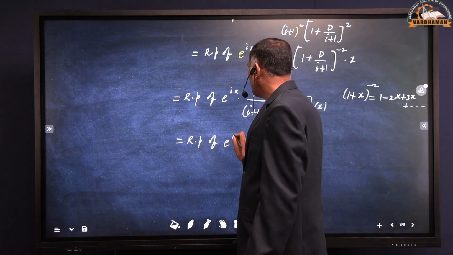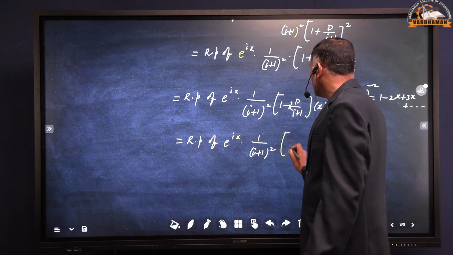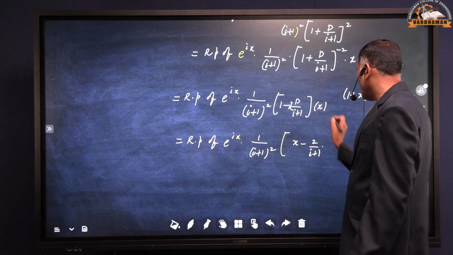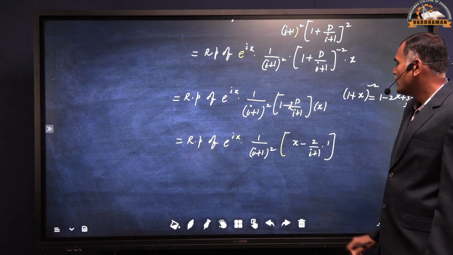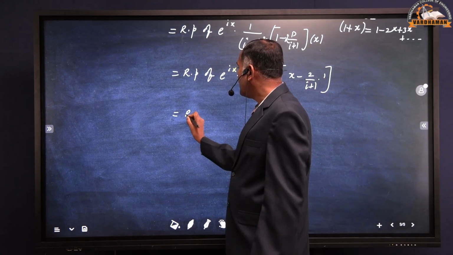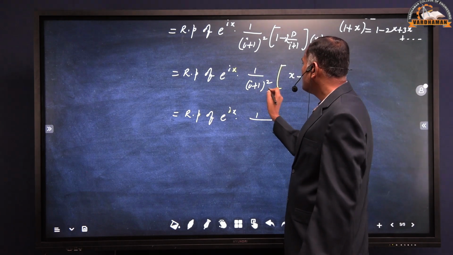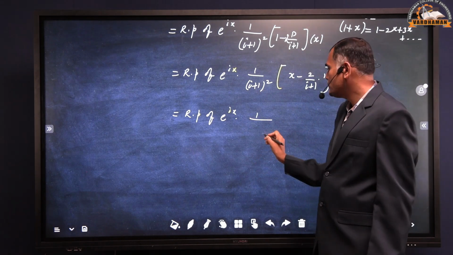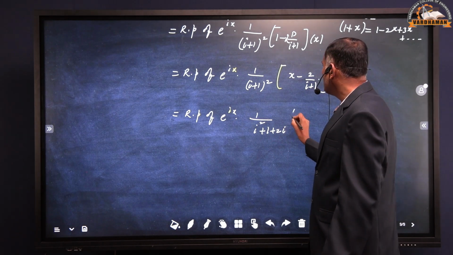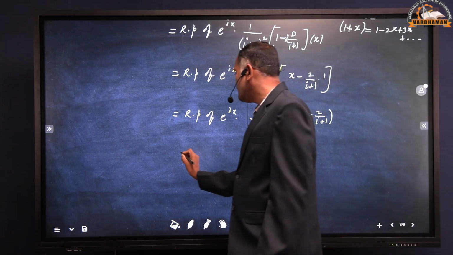Let us simplify this one. Real part of e^(ix) 1 by (i plus 1) whole square. This is nothing but x minus 2 by (i plus 1) into the derivative of x, which is 1. If we simplify, it is of the form (a plus b) whole square, so a square plus b square plus 2ab.